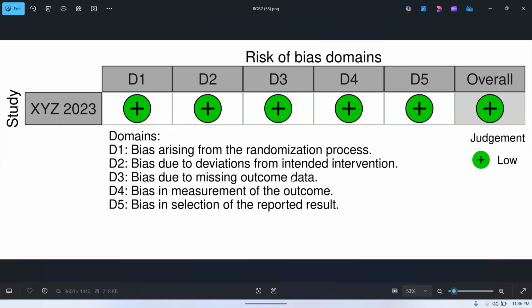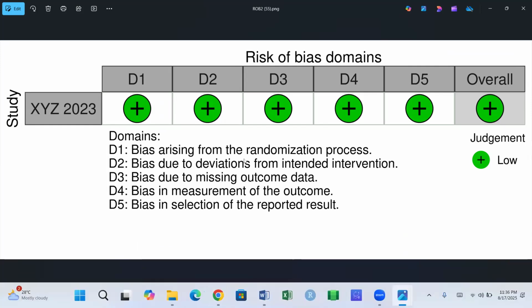Risk of bias assessment is for RCTs and the quality assessment wording is used for observational studies. So the quality assessment through the Newcastle Ottawa scale rated that particular study as low risk, having stars as 7 to 8 and like this.